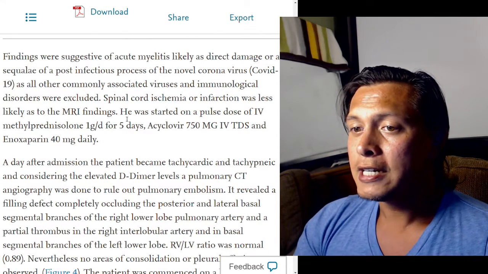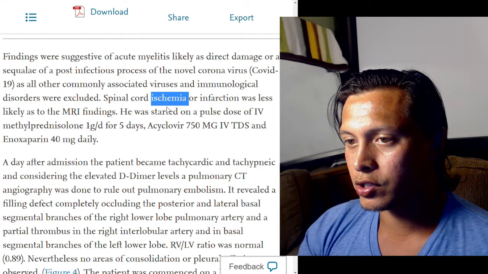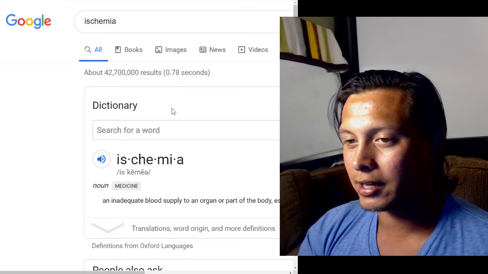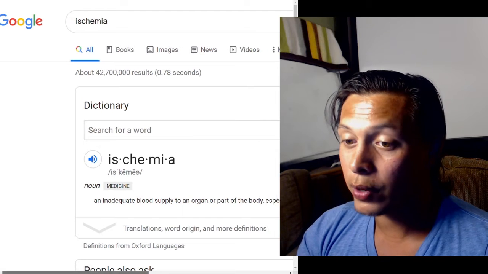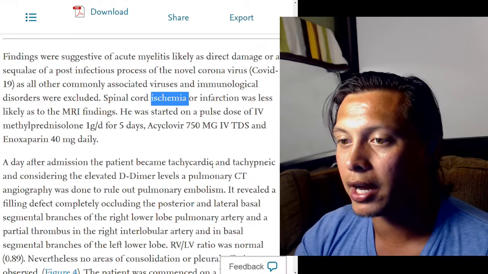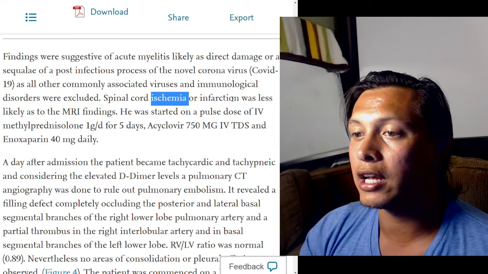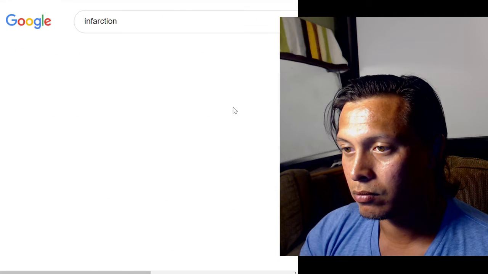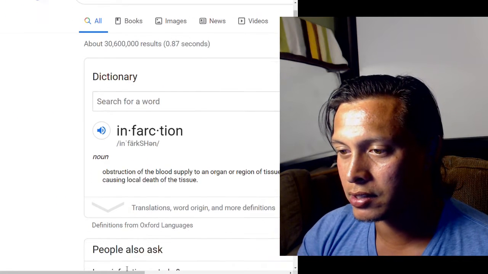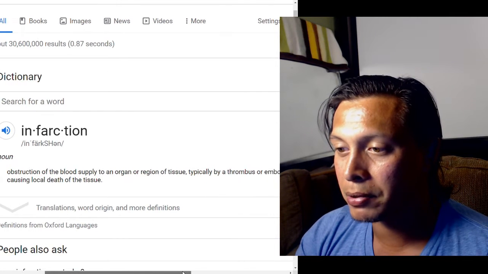Anyways, spinal cord ischemia, which is that swelling, right? Oh no, inadequate blood supply to an organ. So ischemia is the inadequate blood supply. So spinal cord, lack of blood supply, or infarction, which I thought meant the same thing. Yeah, obstruction of the blood supply to an organ, typically by thrombus.